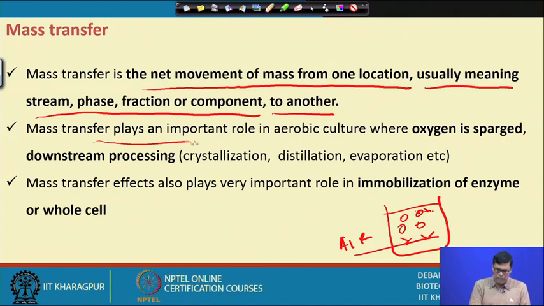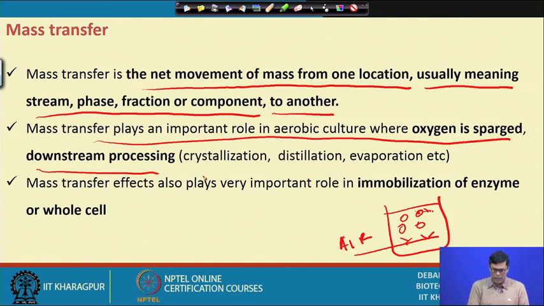Mass transfer plays an important role in aerobic culture, where oxygen is purged, and in downstream processing like crystallization. Crystallization, we know, is crystal formation from the soluble liquid at low temperature.